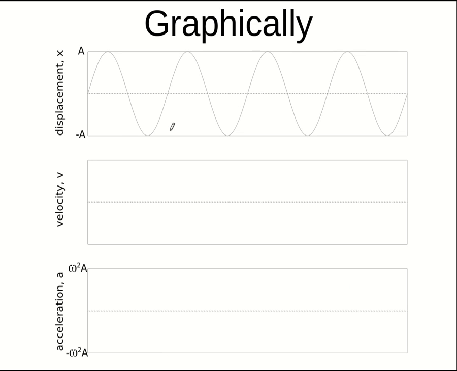So we've got the oscillator, displacement following a sine curve, and we should know that the velocity of an object is the gradient of our displacement curve. So if I draw these lines, then I'm going to plot a point where the gradient would be.